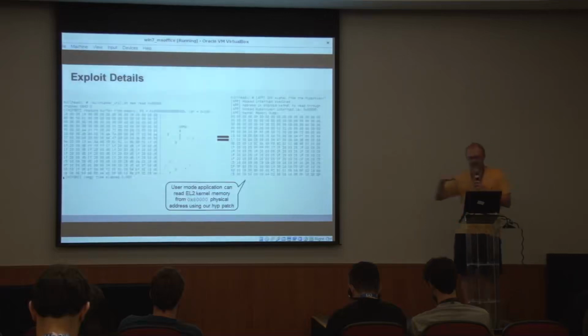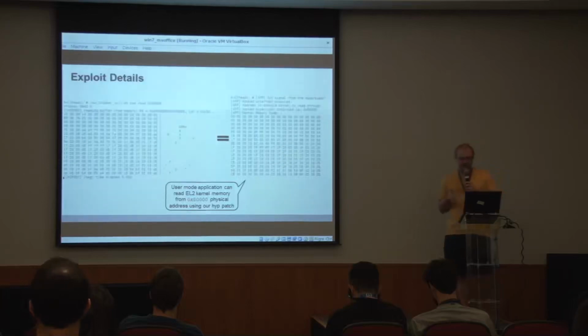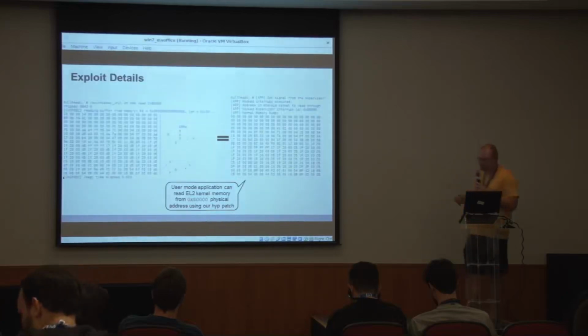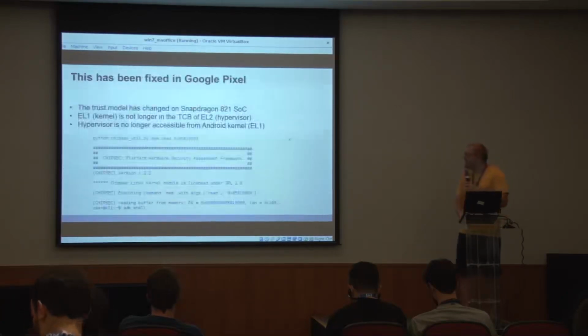It finds this magic number and knows that after the magic number there is a command, and then it executes the command. What is this demo about? You can patch the hypervisor at runtime. You can lock it and backdoor it in the way you want, on the two specific generations of SoC, Snapdragon 808 and 810.